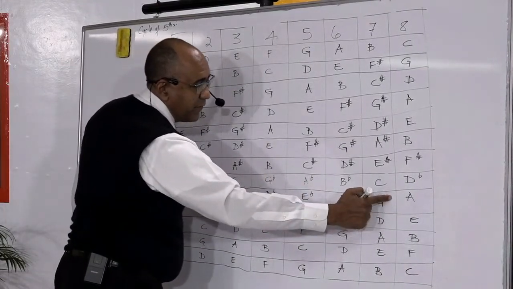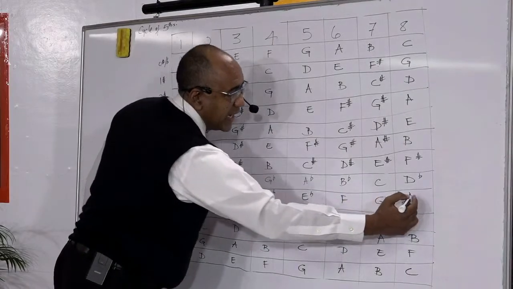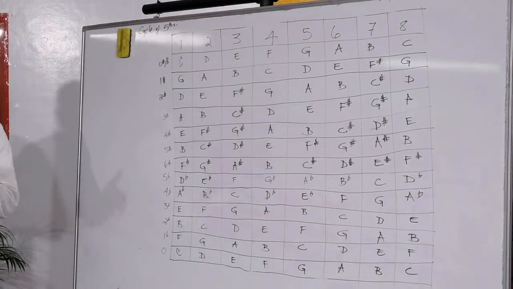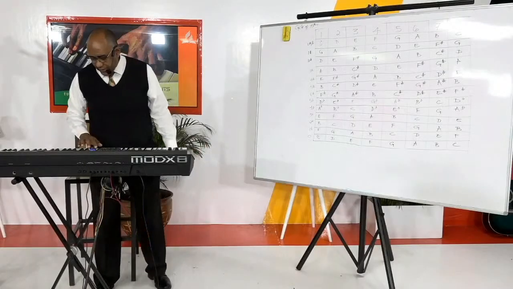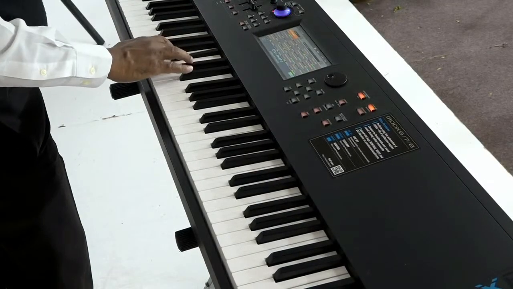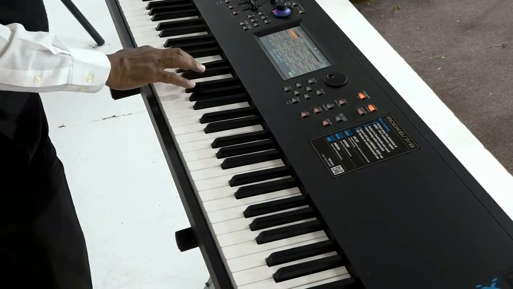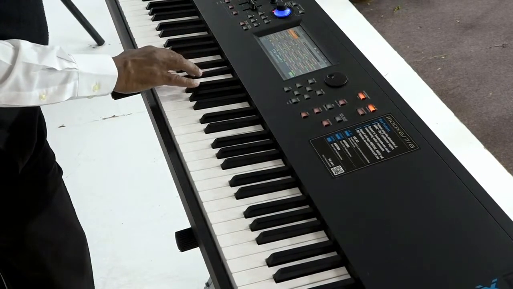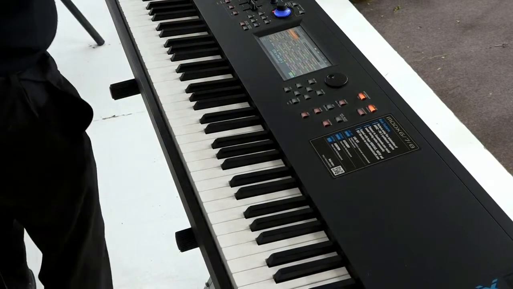Now we're removing the flat and we're leaving it at G, and the next one is A flat. So let's check this. From time to time we have to check to see if we're right. So A flat, B flat, C, D flat, E flat, F, G, A flat. Sound like it? That sounds like it.